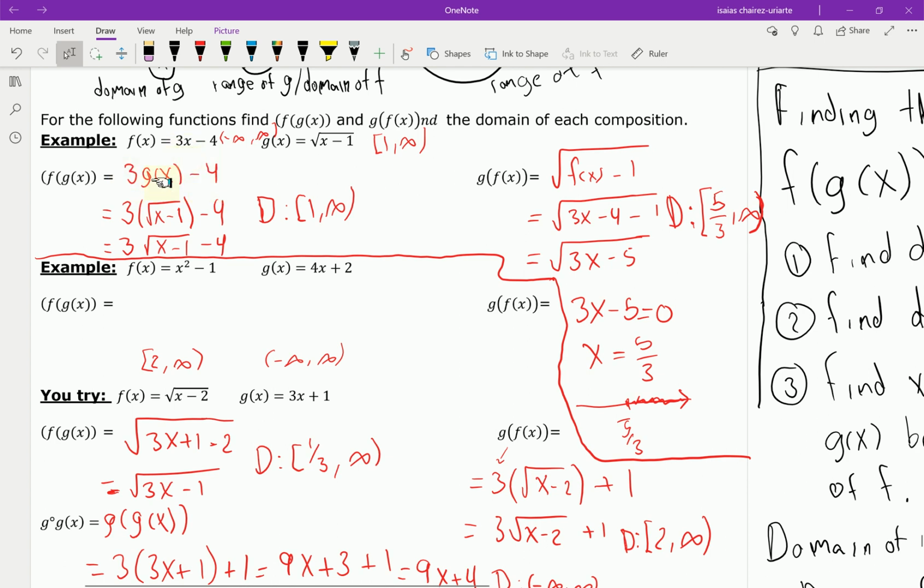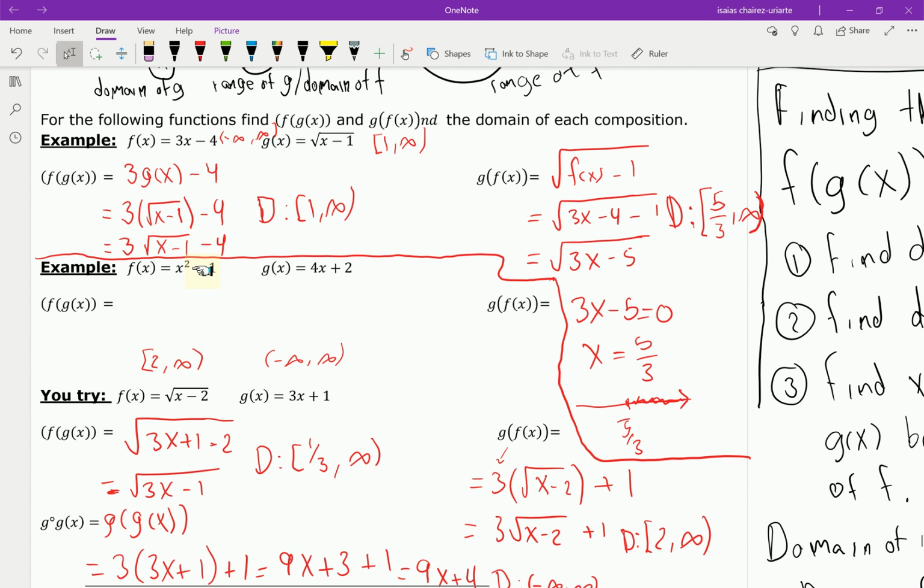I change my x right there to g of x. And then I'll actually write out what g of x is. Well, g of x is the square root of x minus 1. And then this is just multiplication, so that's it. That is f of g of x right there. I have plugged the function g into my function f, and this is the result. This is the simplified form of that.